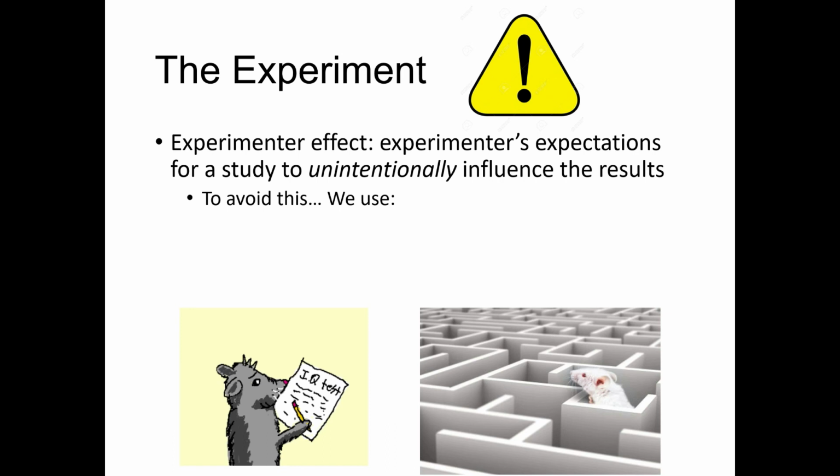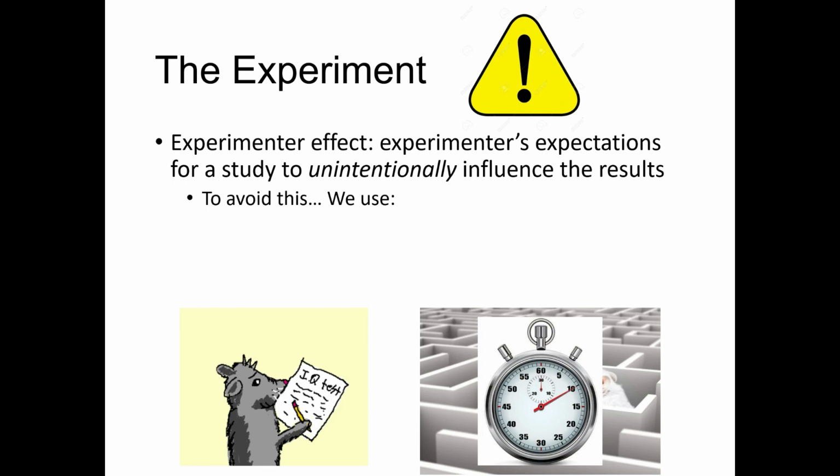Here's an example of the experimenter effect. Say a researcher wanted to examine how long it takes for rats to complete a maze, and the researcher tells the research assistants to conduct the experiment and take the records of the time. The researcher also told the assistants that there are two groups of rats, where one group of rats was found to be smarter than the other rats after doing some assessments.